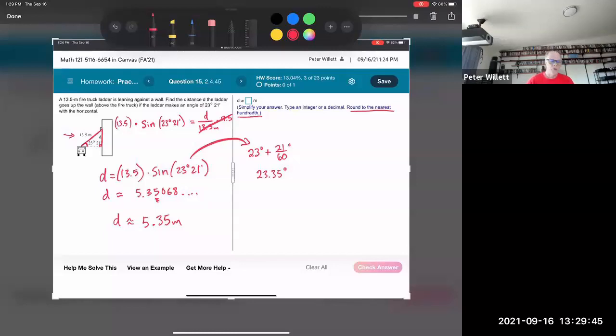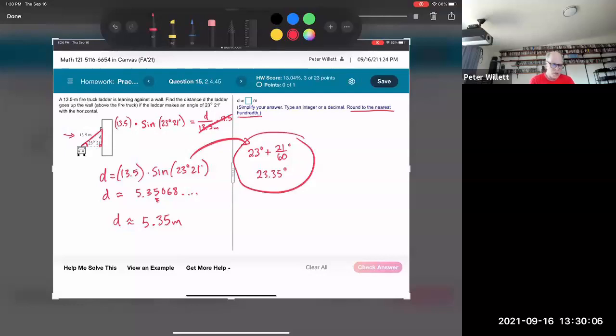Yeah, exactly. So you might have a calculator where you can just put in 23 degrees and 21 minutes, like the TI, Texas Instruments and stuff, they can do that. But I don't see how to do that on a Windows or Desmos calculator. They all work with decimal degrees. So here's how I converted degrees and minutes into a decimal degree measurement.